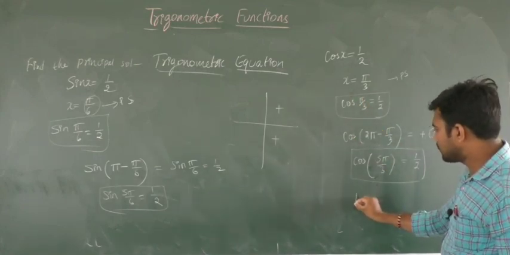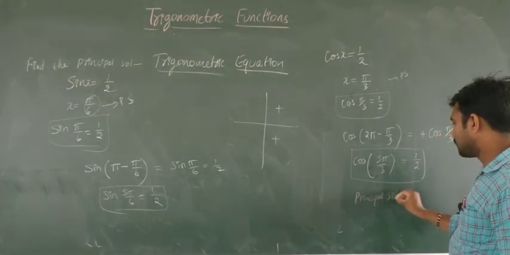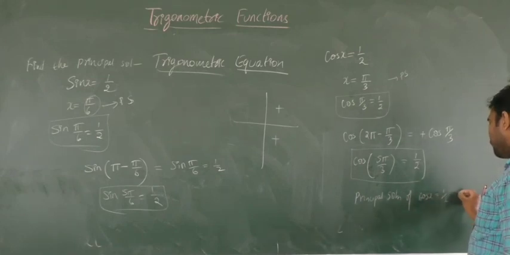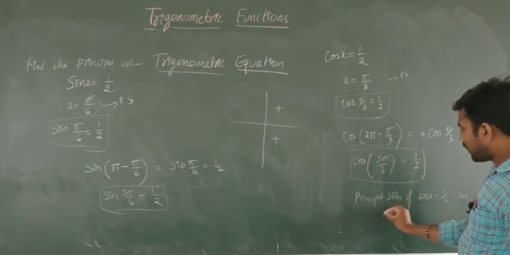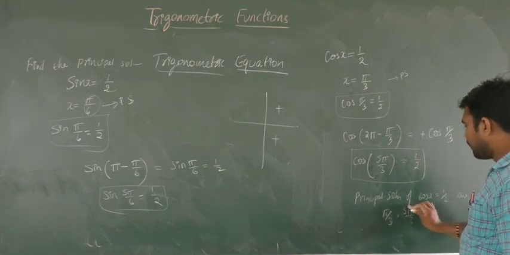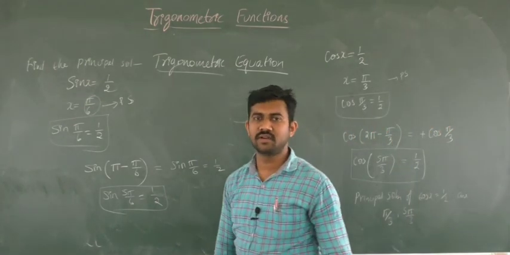So we can say the principal solutions of cos x is equal to half are pi by 3 and 5 pi by 3.